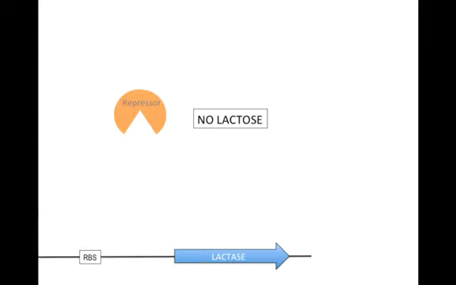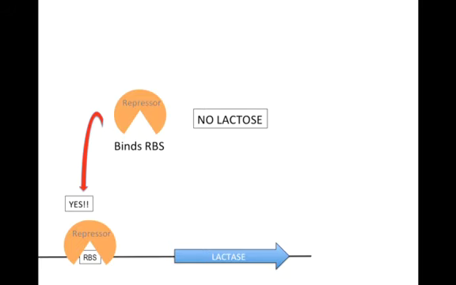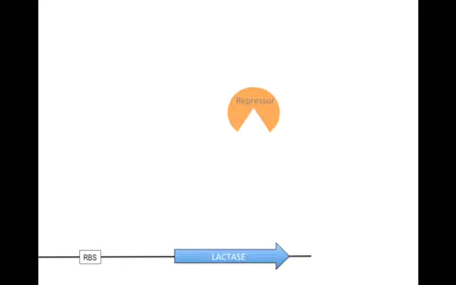Okay, so we said that the repressor protein can bind to the RBS and turn off lactase. And so that's what we see in the absence of lactose: if there's no lactose around, then the repressor is going to bind to the RBS and turn off lactase. Okay, well, what about in the presence of lactose?